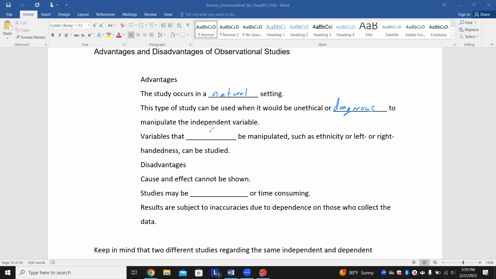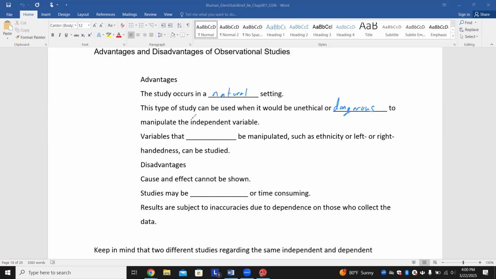We see that Joe eats out 3 times a day and he's eating fast food 90% of the time. How is that affecting his blood pressure versus John, who is eating out once a week and 50% of the time it happens to be fast food, right? What effect does that have? Well, instead of forcing people to do that, we can just naturally observe that and then see what happens.